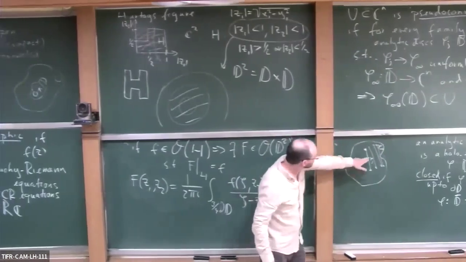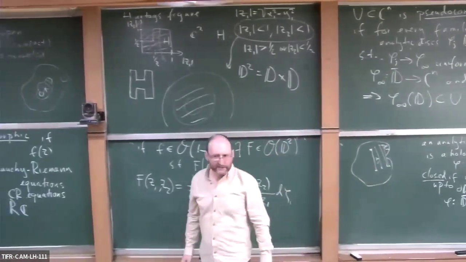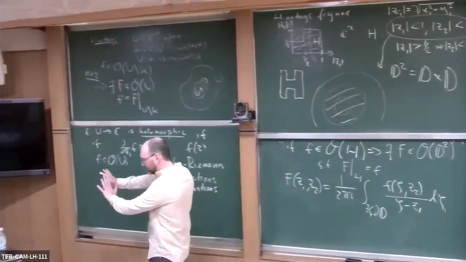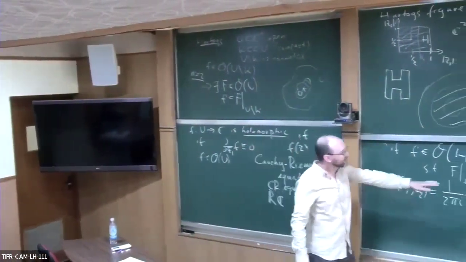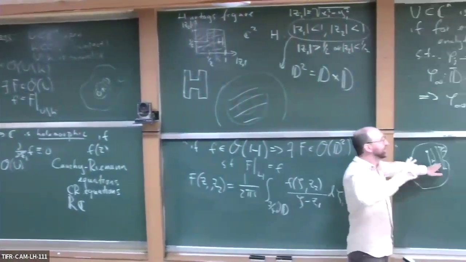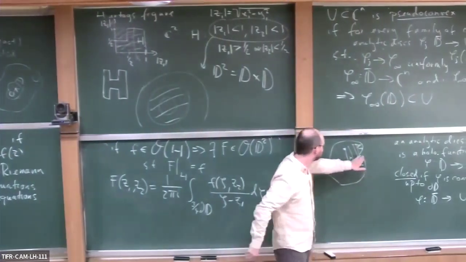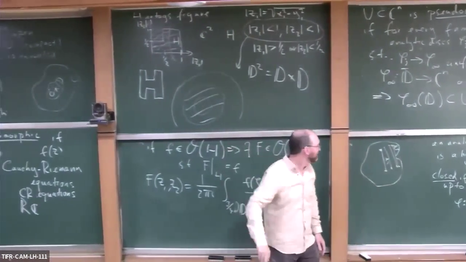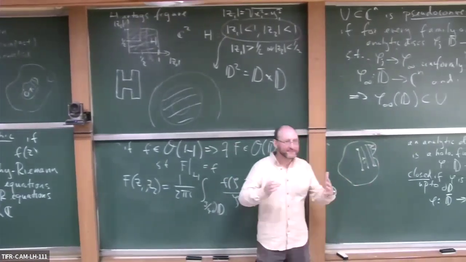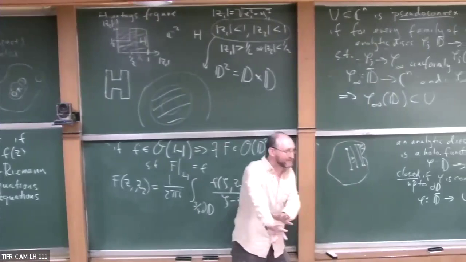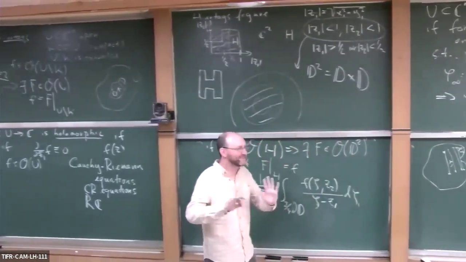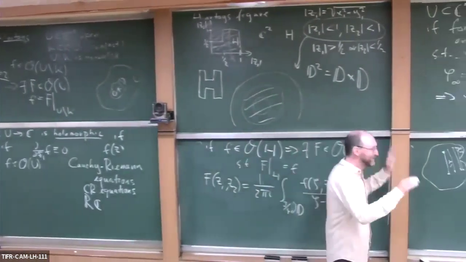In the limit you cannot touch the boundary with the inside of your disk. That's a negative thing. That's what it means to be pseudoconvex.